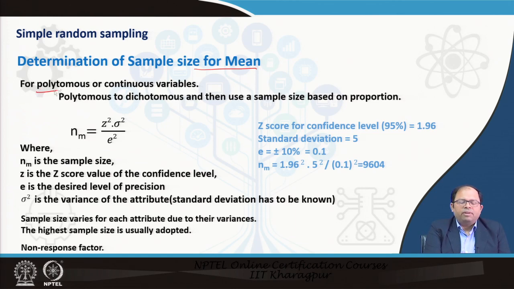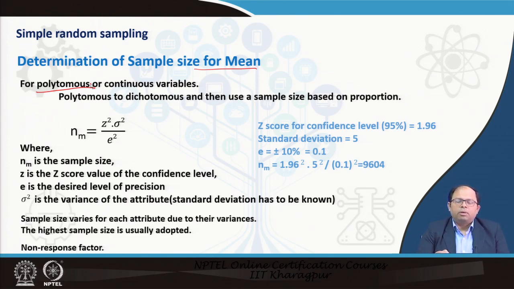Polytomous means a variable with multiple categories. That means we take an attribute which can be of different categories, whereas dichotomous means it has only two categories, for example male or female. But if I have age group, it could be 4 or 5 categories, so it's polytomous.